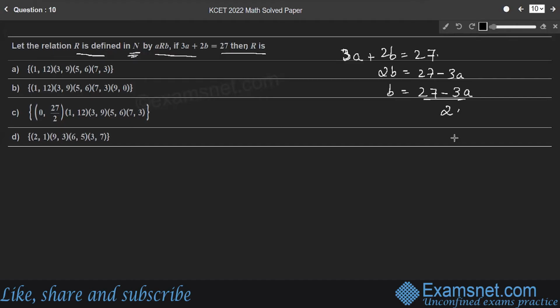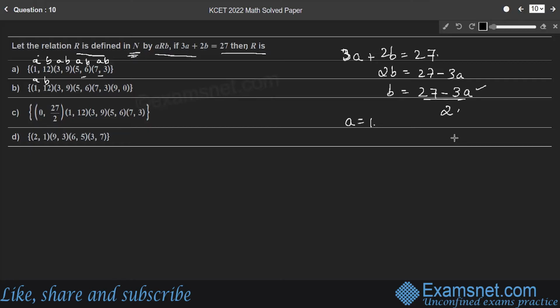For what value of a does the value of b become a natural number? For a equal to 1, for example, according to option A, these are the values of a and b. Even you can consider option B also, right? So for a equal to 1 or 3 or 5 or 7, the value of b is, whether it satisfies or not, that we have to check.